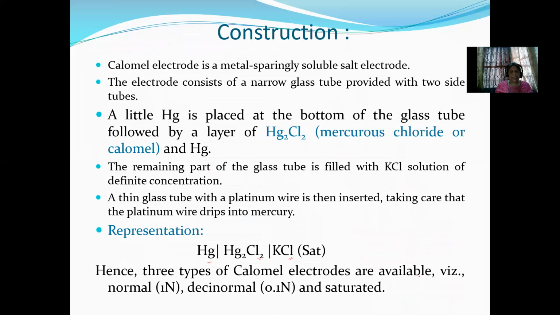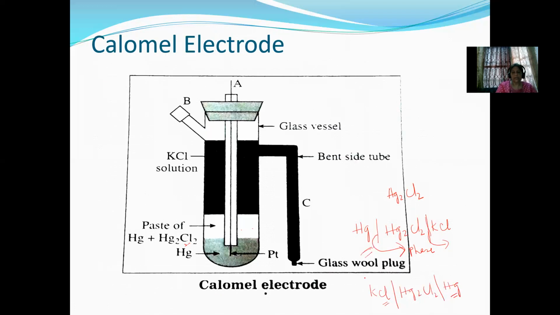Now, Calomel electrodes are of three types. Again, it depends on the concentration of the KCl. It can be normal Calomel electrode, decinormal Calomel electrode, or saturated Calomel electrode. Remember this again. You have taken a KCl solution. What is the concentration of the KCl solution?